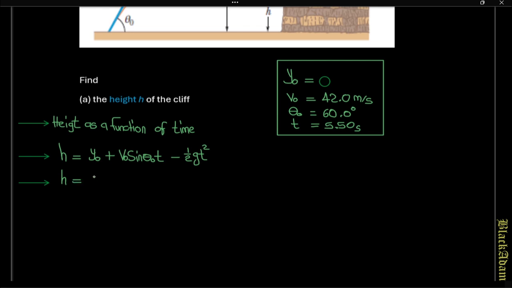And then our initial height is 0, and our initial speed, which is velocity, is 42.0 meters per second.